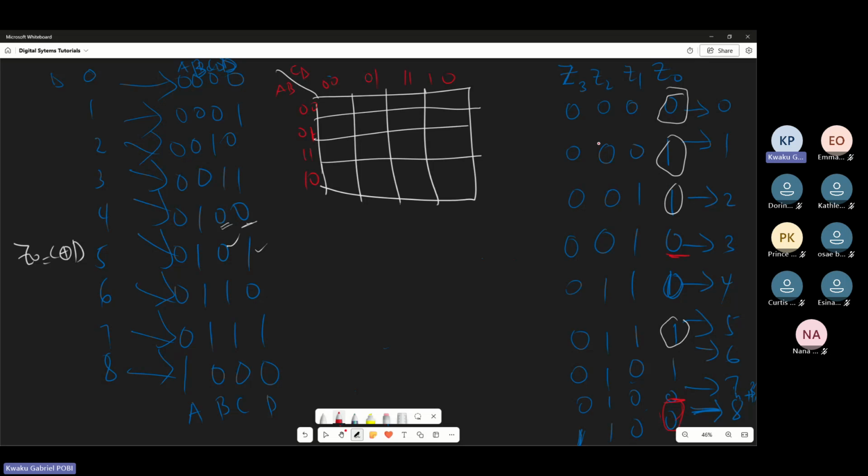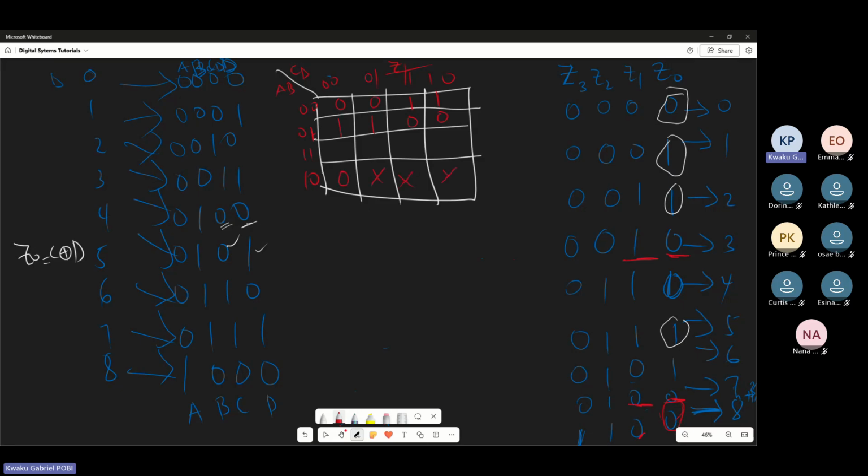So here too, the first 4 outputs end here. 0, 0, 1, 1 for Z1. Here is Z1, actually. So 0, 0, 1, 1, like this, right? Then the next 4 ends here, which is 1, 1, 0, 0. The last output is a 0. So 8 here is a 0.